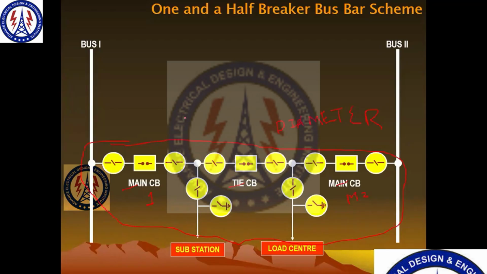Now, what is half dia? Half dia is only one bay along with a tie bay. So if only this part is there or only this part is there, then we call it half dia. So in case of half dia, maybe you have 5 dia. 5 dia means how many? 10 bays.